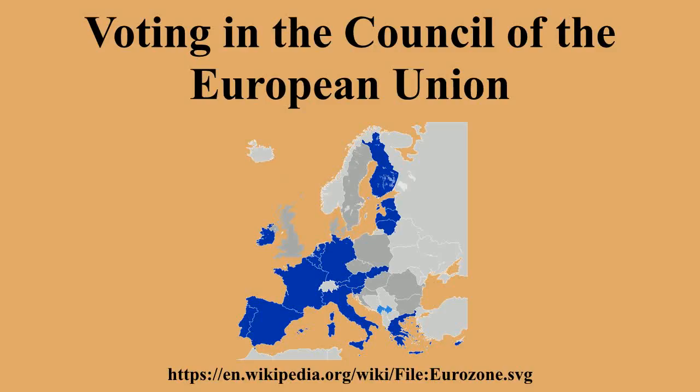Accession Treaty. Article 148 of the EEC Treaty, specifying the qualified majority voting system of the Council, was amended by Article 8 of the Accession Treaty regulating the enlargement of the Community by Denmark, Ireland, and the United Kingdom. Acts of the Council now required for their adoption 41 votes, or 41 votes by at least 6 member states.